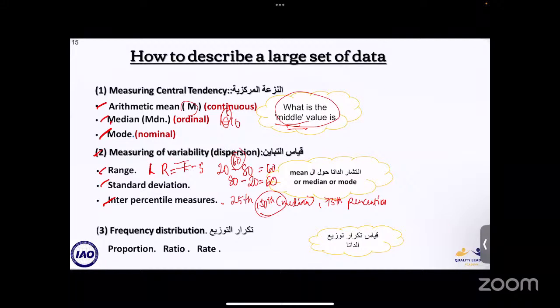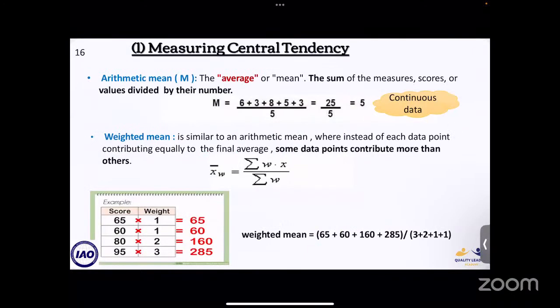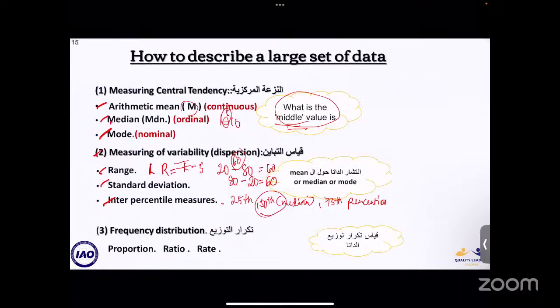Okay, next, I will proceed with the frequency distribution. This focuses on how often data values or categories occur. So it helps to understand different patterns like proportions and comparisons in the data.